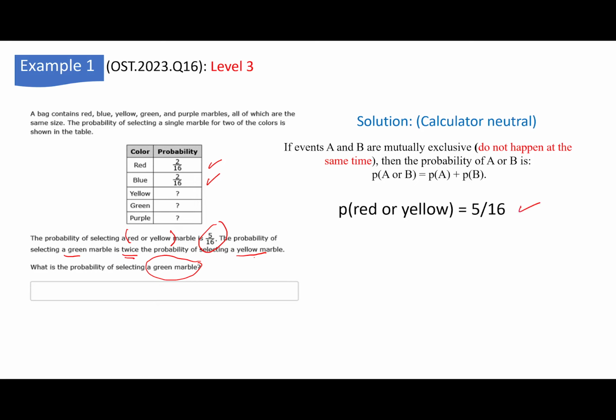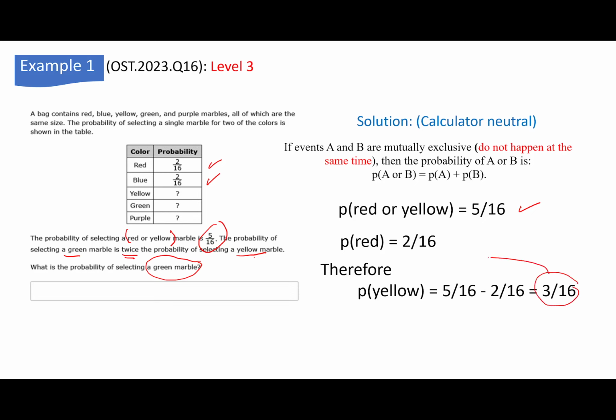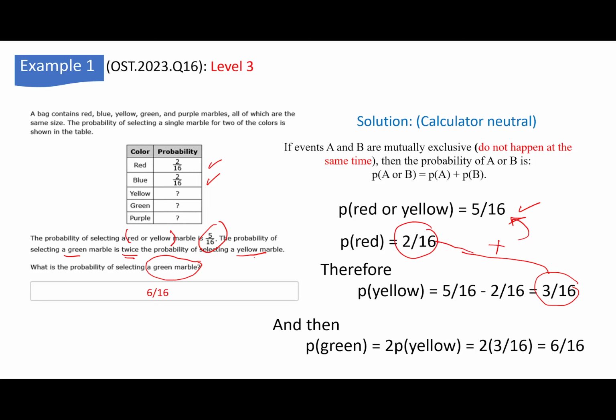That's given. And also given is P(red) is 2/16. So we subtract these two to get P(yellow) is 3/16. Because now 3/16, if you add it to 2/16, you get 5/16. So now, since we know the yellow is 3/16, we just multiply it by 2 to get the probability of selecting a green.